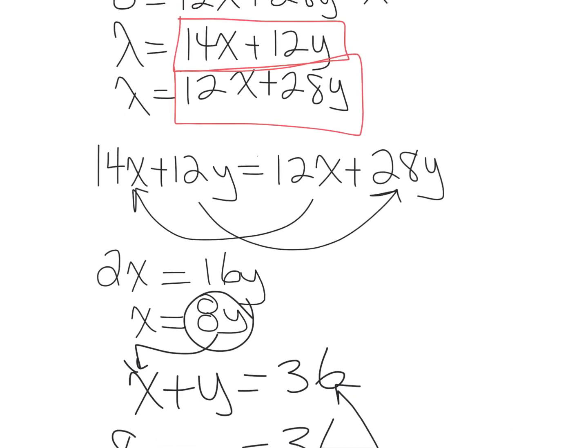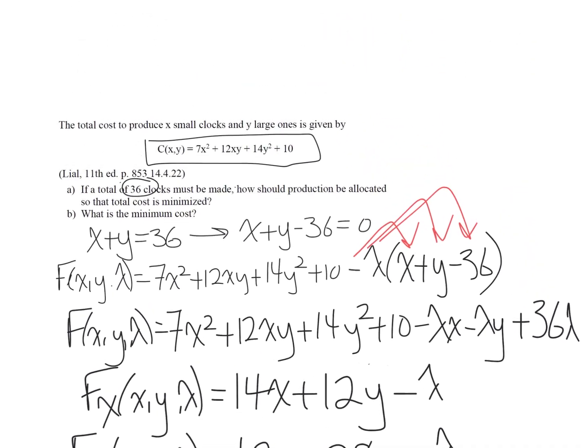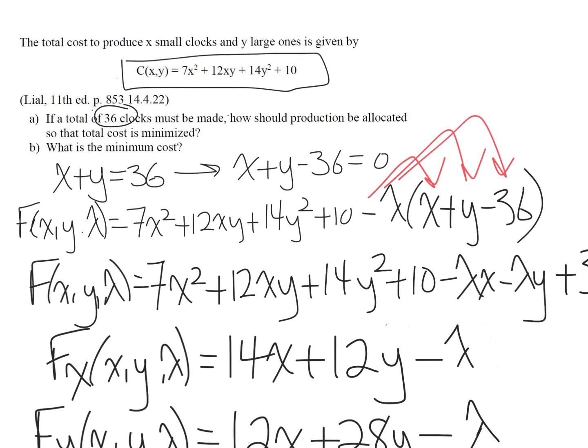So we go back up to our original function, because our next and final step would be to evaluate that cost function at 32 and 4.